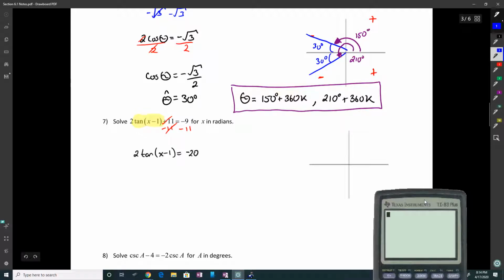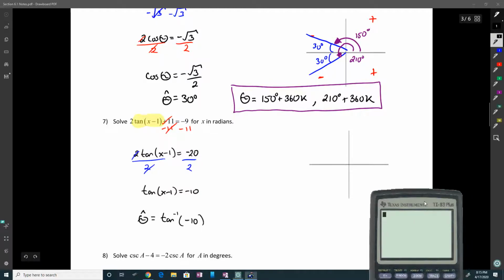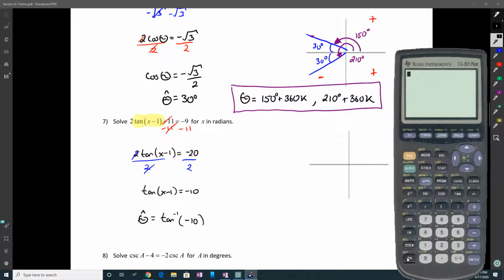Then I'm going to divide it by 2. So tangent of x minus 1 equals negative 10. All right. Well, I can get my reference angle by saying the inverse tangent of negative 10. And remember that it's going to be set equal to x minus 1 when we get it.